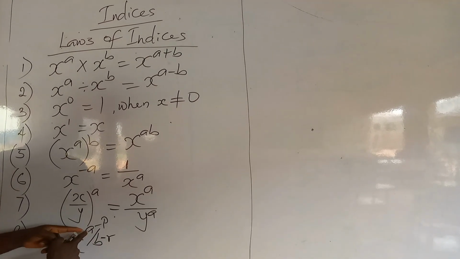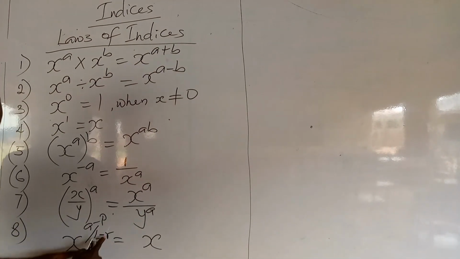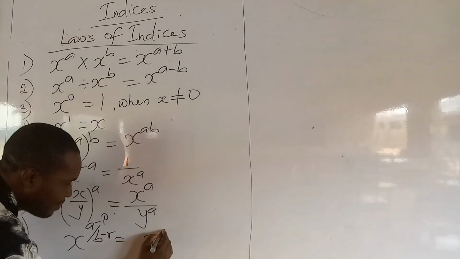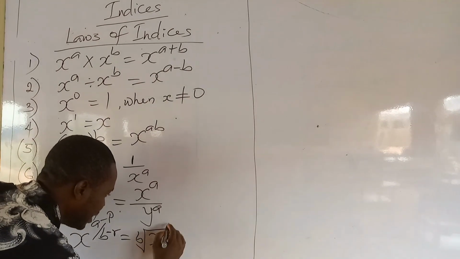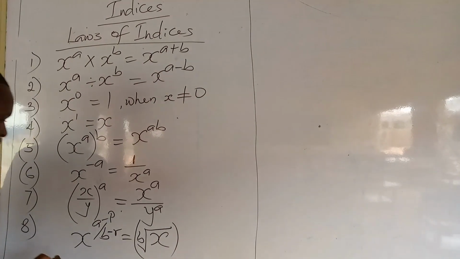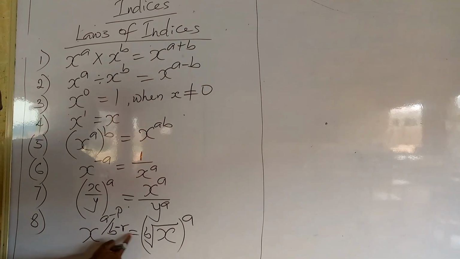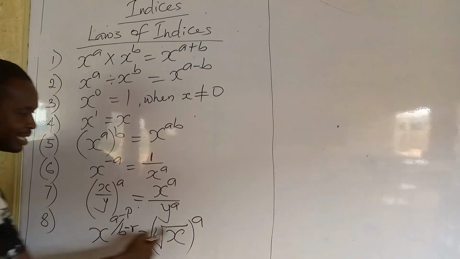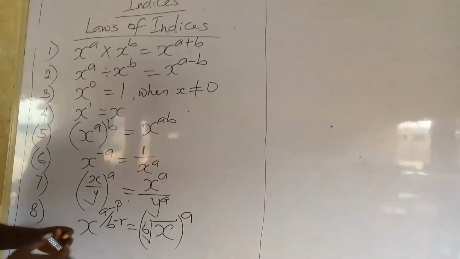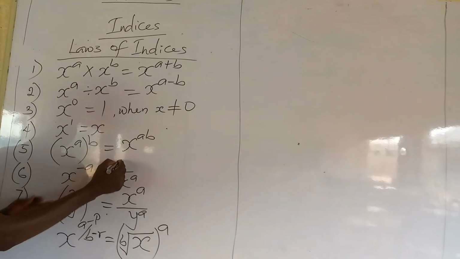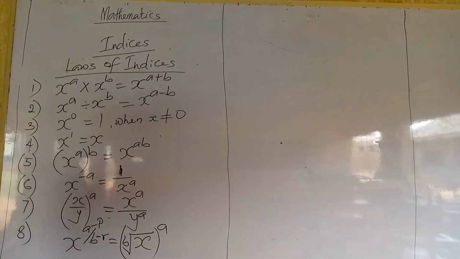So x raised to power a over b is going to be x, and the root is b. Bear in mind, b root of x. You can put everything in bracket, raised to power a. You can see b is the root, the denominator, and a is the power. You can as well have negative here. What will only happen is that you are going to repeat what we did here, 1 over, and the rest of it will be the same.